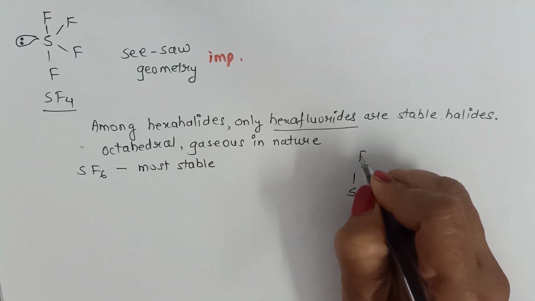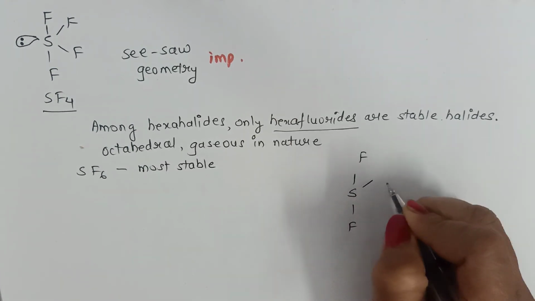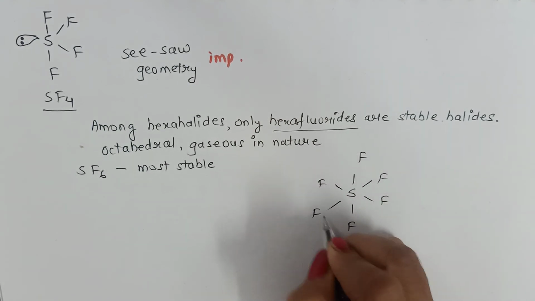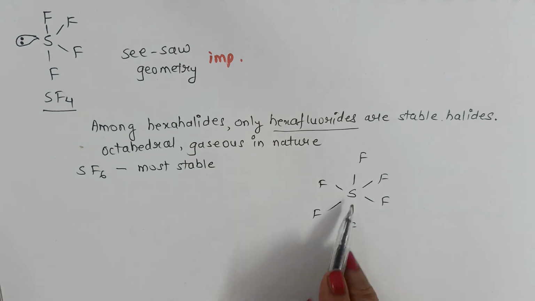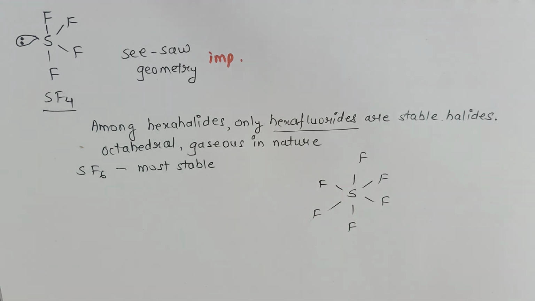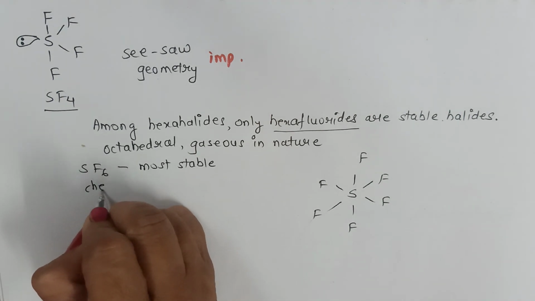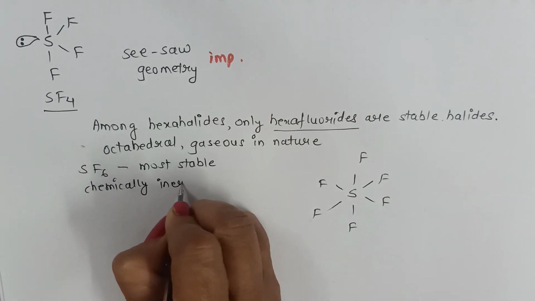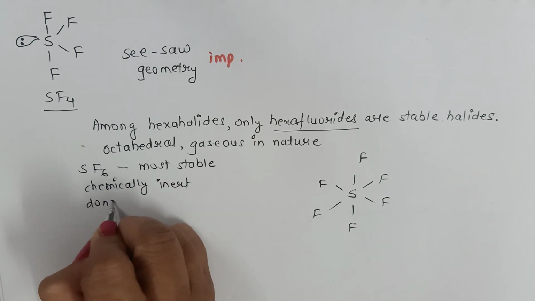Sulfur will be surrounded by 6 fluorine atoms. And since the larger sulfur is surrounded by 6 small fluorine atoms, SF6 is chemically inert. It does not get easily attacked.